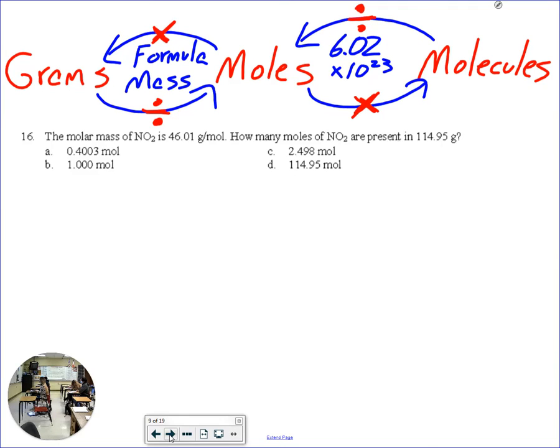They're giving us grams, okay? You see that right here? This right here, we are given grams of NO2. Are you cool with that? What do they want us to find? They want us to find moles of NO2, okay?